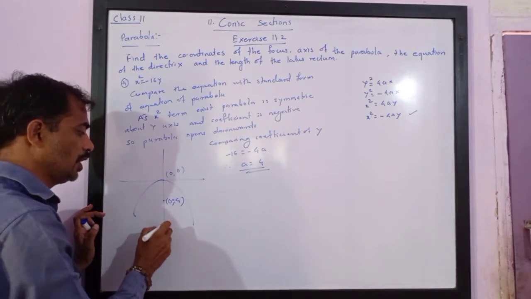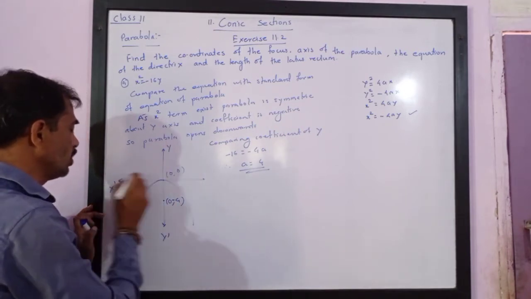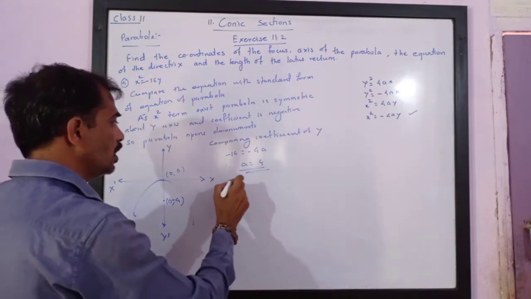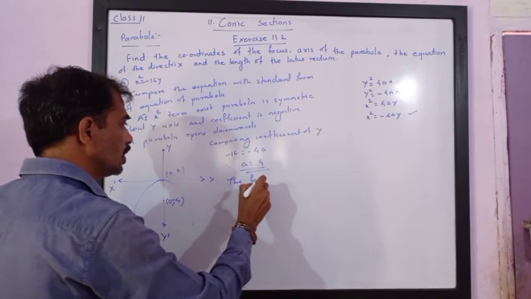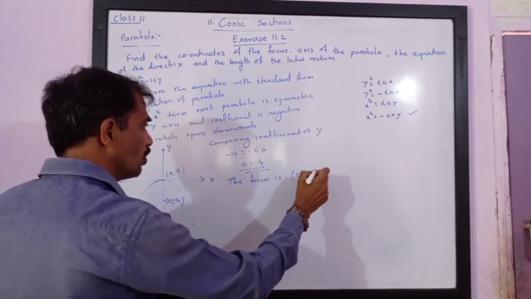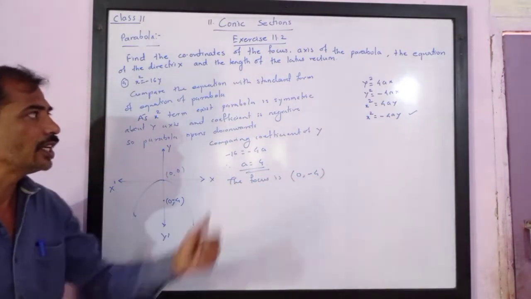Please note, this is positive direction of y-axis, this is negative direction of x-axis, positive direction of x-axis. So we get the focus is 0, minus 4. Please note, focus lies on y-axis, hence its x coordinate is 0.